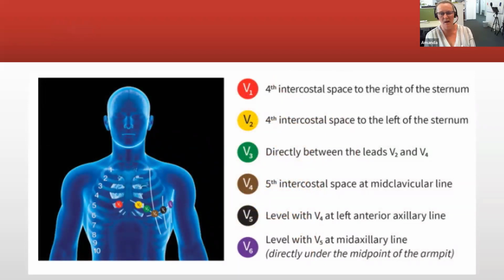Whenever I was practicing, I always just practiced on myself. V1, fourth intercostal space, to the right of the sternum. V2 is opposite that on the other side, fourth intercostal space to the left of the sternum.